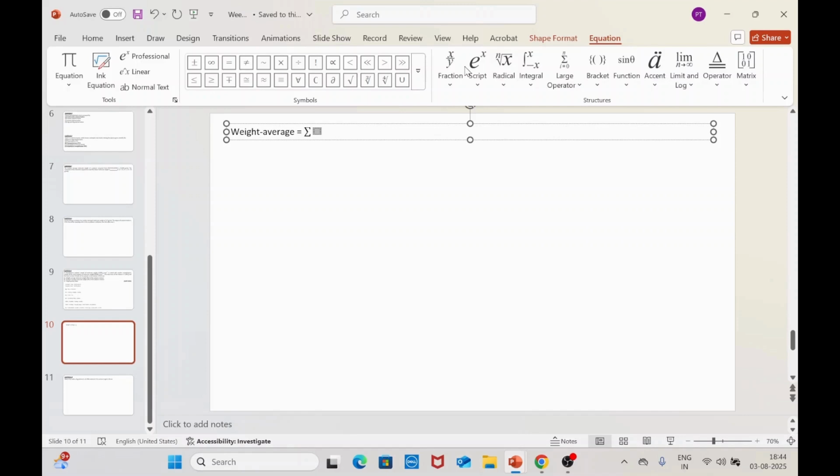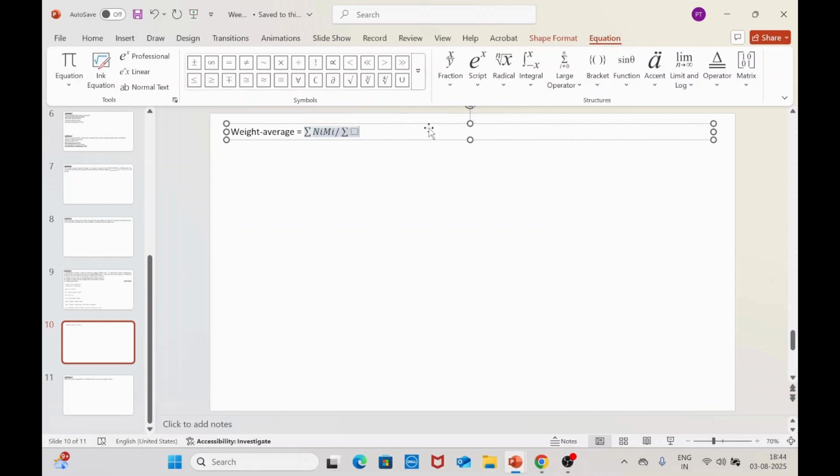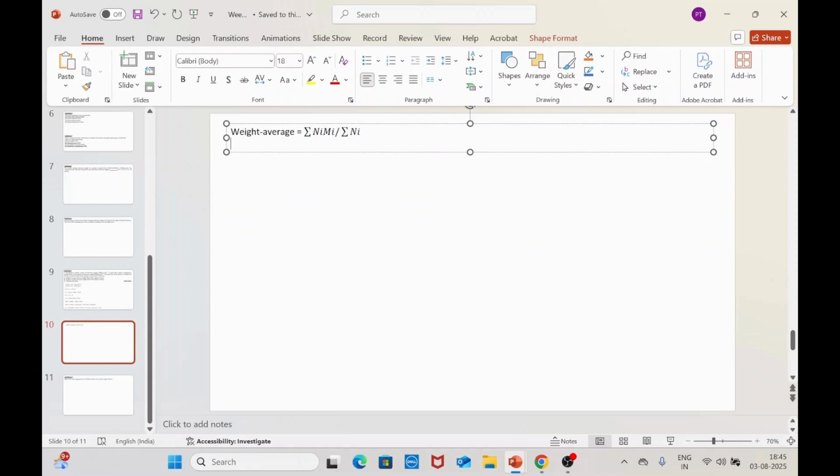So what is the weight average? Sum of NI MI by sum of NI, and oh sorry, the number average will be the same thing, but it would have just a square here.